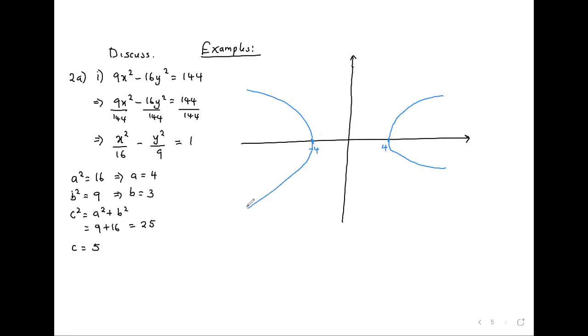And then it has the foci c, so at -5 and at +5. So it's centered at 0, 0. And then our directrices, they have to pass here.